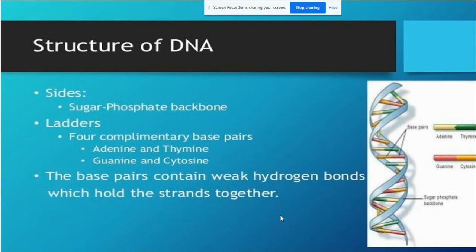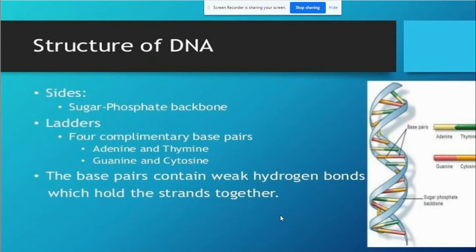In the PPT, you see a picture of a DNA, and in this picture we see the sides that wrap up the DNA, which we call the sugar phosphate backbone.